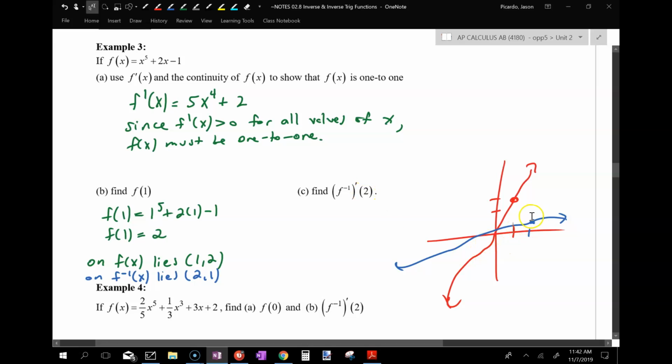So I want to know what is the slope of this curve at that point. Well, guys, can't I just find the slope on this curve and then put it under 1, because that makes it a reciprocal? Okay? So I have the derivative right here, don't I? Yeah. So at 1, the derivative is 7, right?